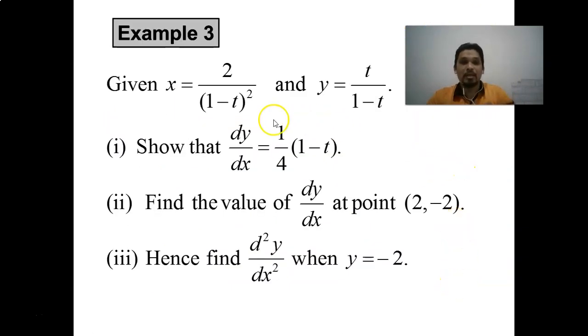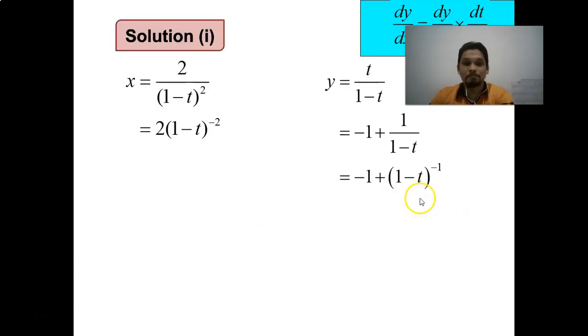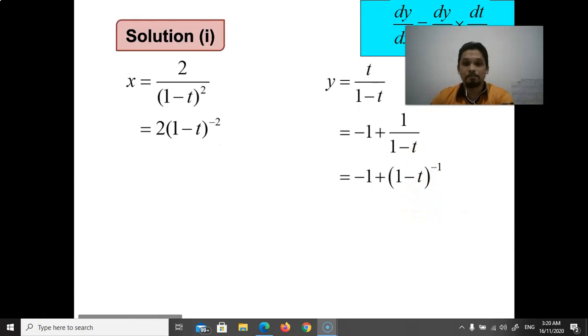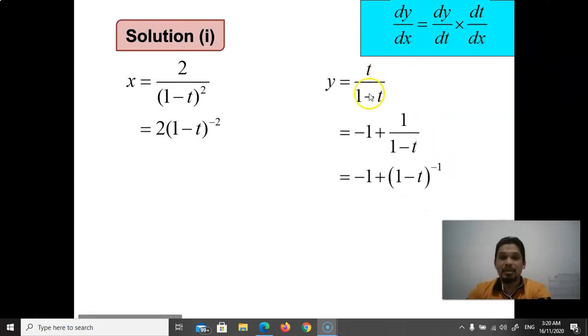Now, given that x equals, as you see here, and y equals t divided by 1 minus t, show that dy/dx equals this one here. Then find the value of dy/dx at the point (2, negative 2). It's given that x equals 2 divided by (1 minus t) squared.